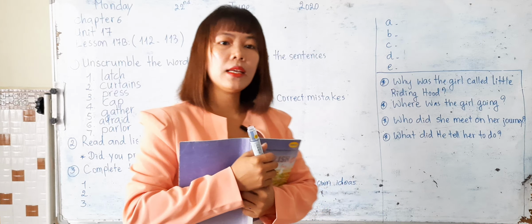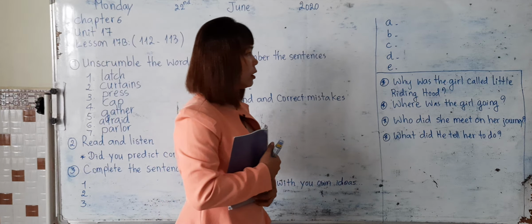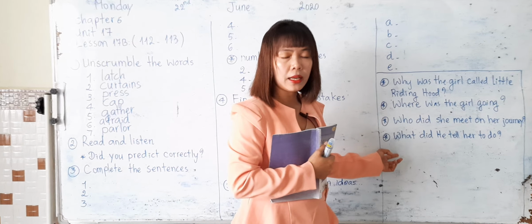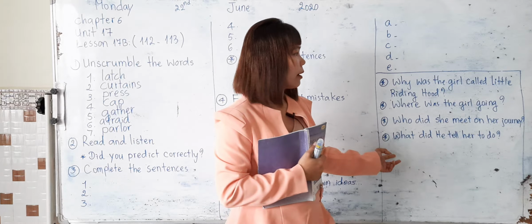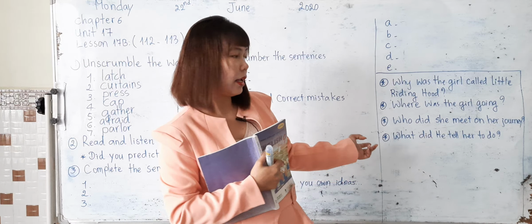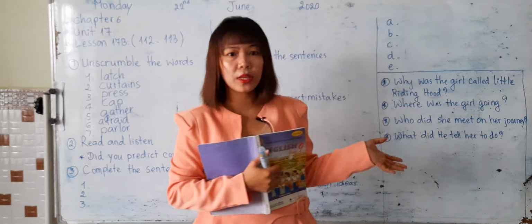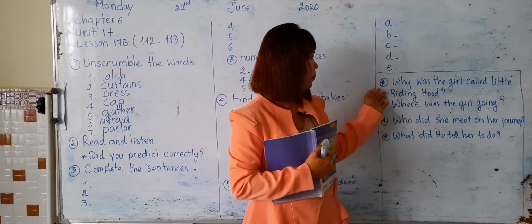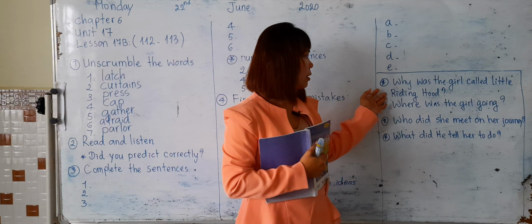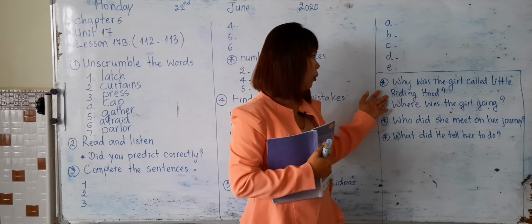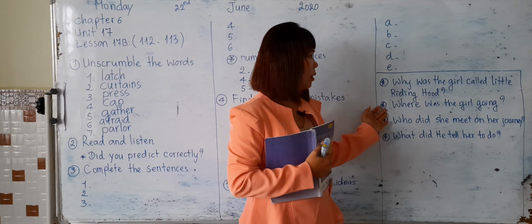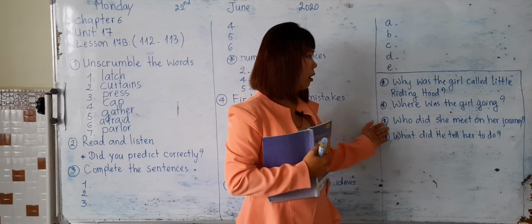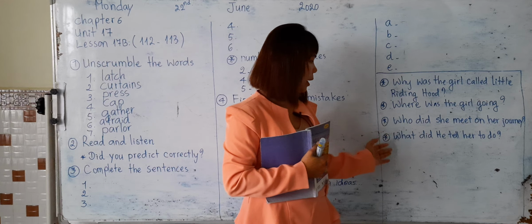These questions are from lesson 17A that you already learned last lesson. So question number 1 again. Why was the girl called Little Riding Hood? Where was the girl going? Who did she meet on her journey?